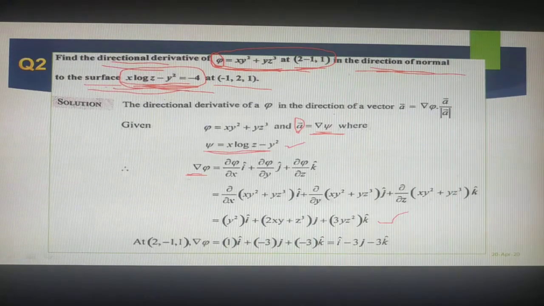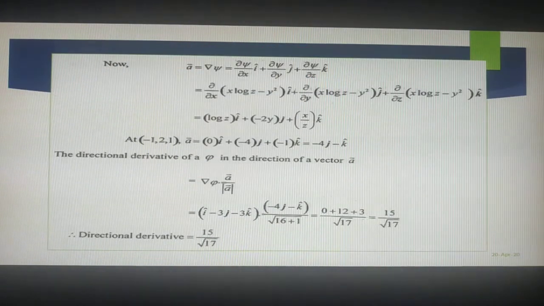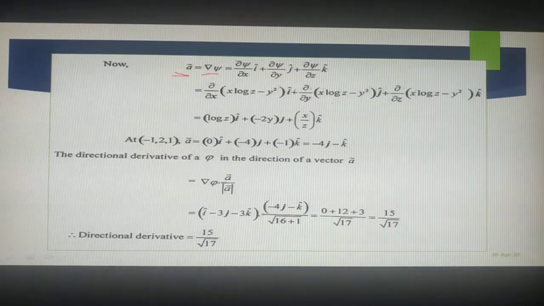Right. Now del phi as usual you find it out, del phi at this point also. We have del phi now. Let's try to get some vector. How to get this vector? Directly they are not given. We have to find the normal vector to the given surface.